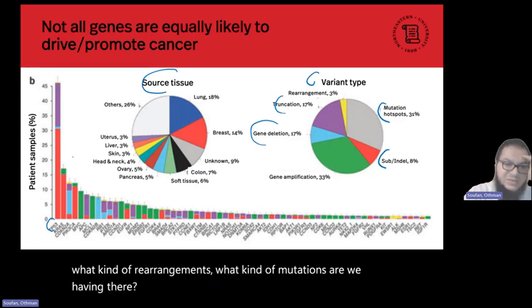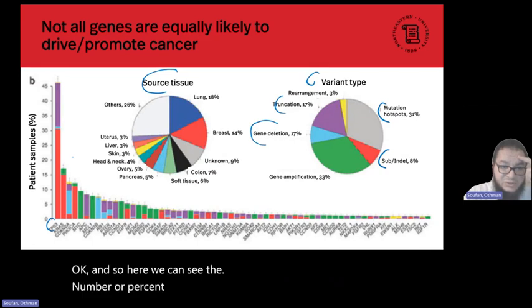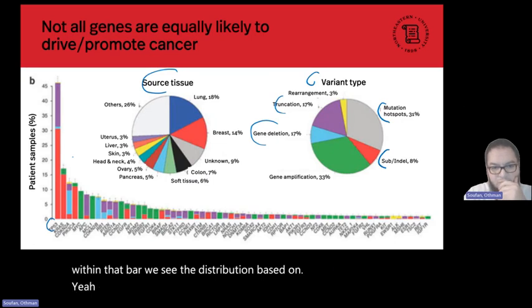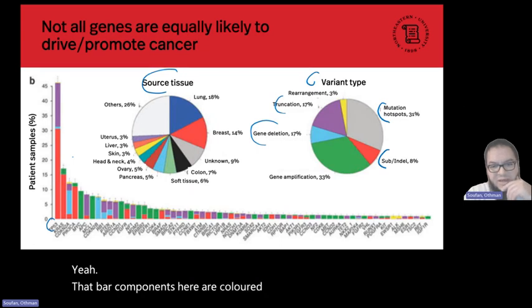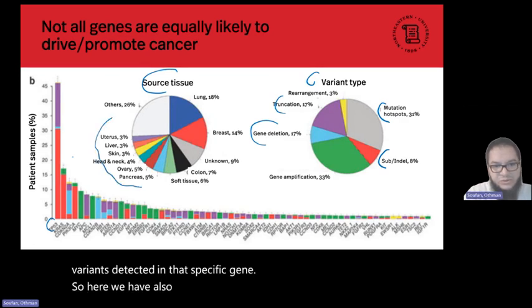And here you can see the number or percentage of patients with that specific mutation, and within that bar we see the distribution based on the bar components here, colored according to the type of variants detected in that specific gene. Here we also have the sources of tissues related to that.